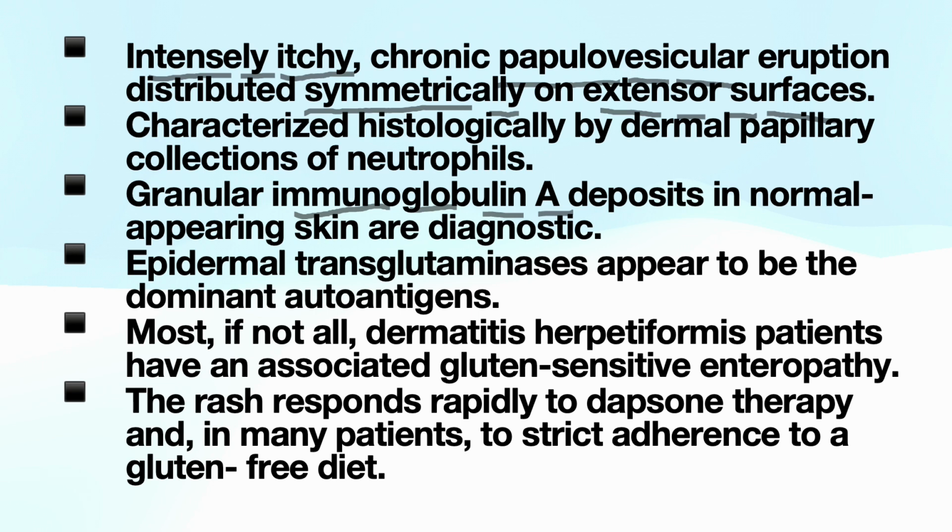There will be an autoantibody antigen reaction. Mostly there will be associated gluten sensitive enteropathy. So the first line for the patient is a gluten-free diet. In the exam, if they ask you patient counseling, the first thing you will tell is ask the patient to go for a gluten-free diet.